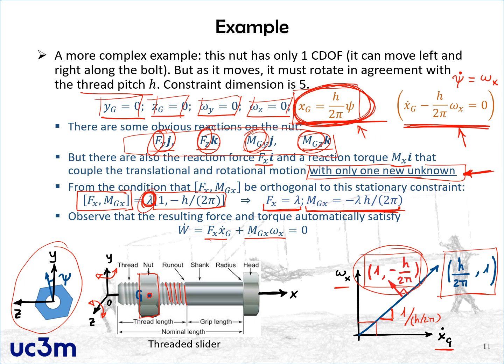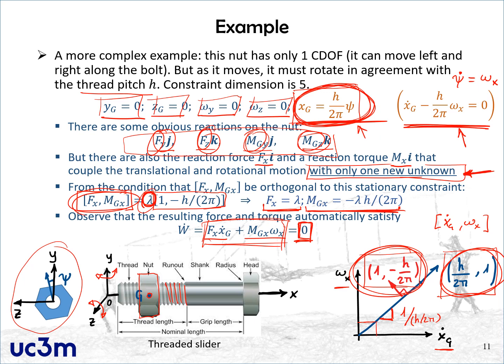Now in this particular case, all that we know is that the sum of these two terms is equal to 0. And indeed that makes sense because the force is in this direction while the velocity is in this perpendicular direction. So clearly this, which is the dot product between the force torque vector and the velocity, angular velocity vector, just the dot product of these two weird vectors, is equal to 0.